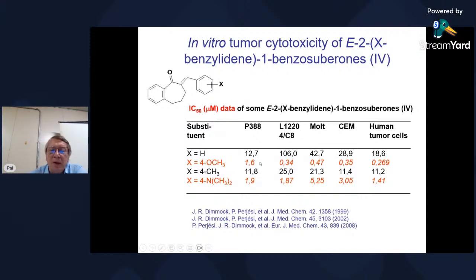If we look at these figures, we can see that the lowest IC50 derivatives, in other words, the most effective cancer cell cytotoxic effect, is associated with the methoxy and the dimethylamino derivatives. In both cases, the aromatic substituents possess lone pairs of electrons, which seems to play an important part in development of the observed biological effect.